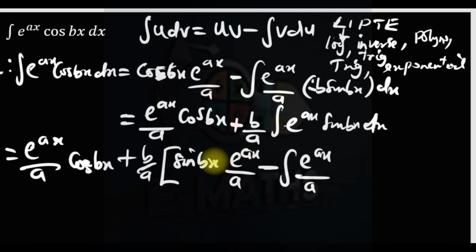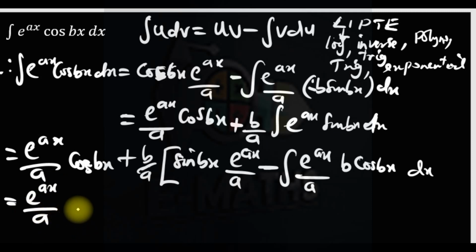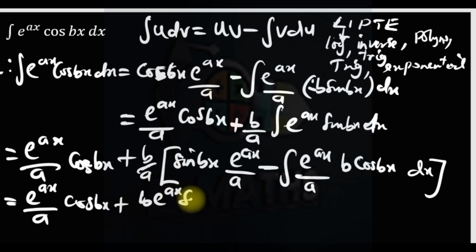If we differentiate sine bx, we have b cos bx dx. So we have e raised to power ax over a cos bx plus, opening the bracket, b over a times this gives b e^(ax) sine bx over a squared.